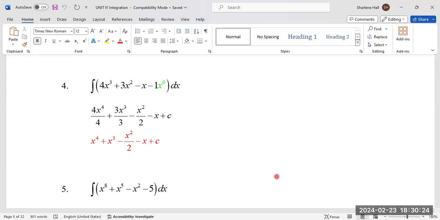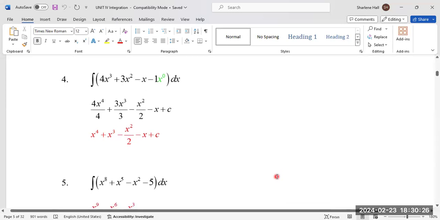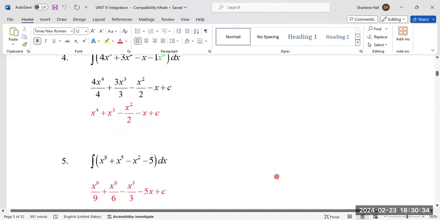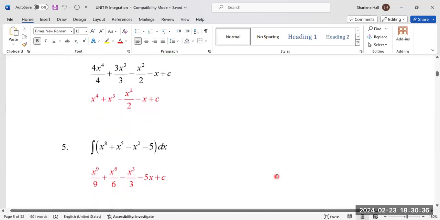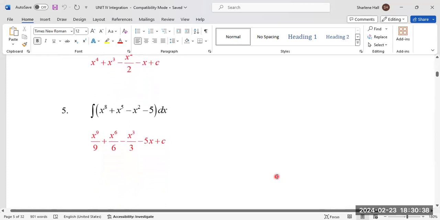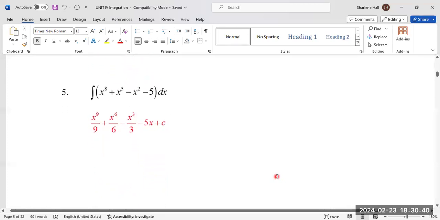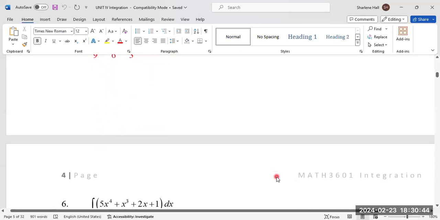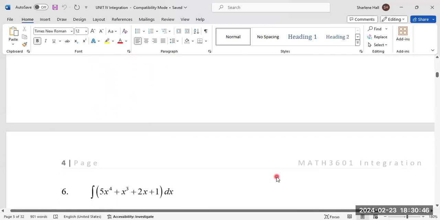X to the 9th over 9 plus x to the 6 over 6 minus x cubed over 3 minus 5x plus c. Everybody agrees with that? Yes, sir. Quick and fast.